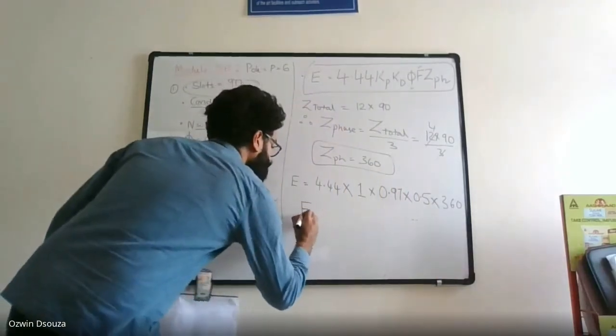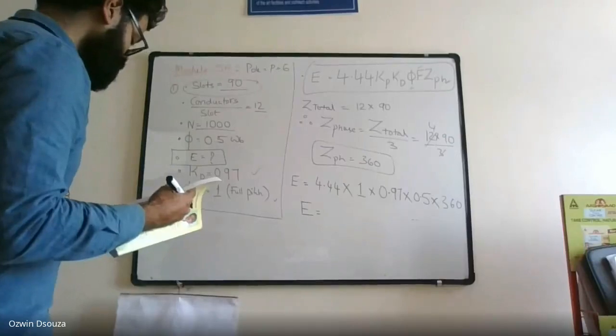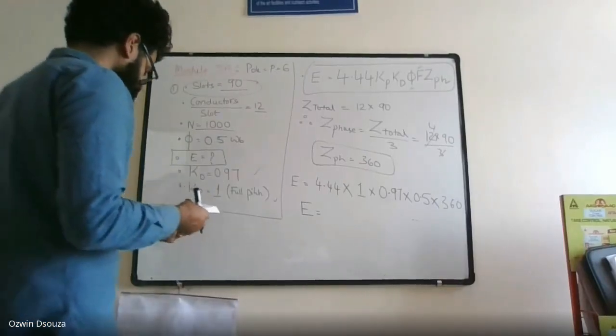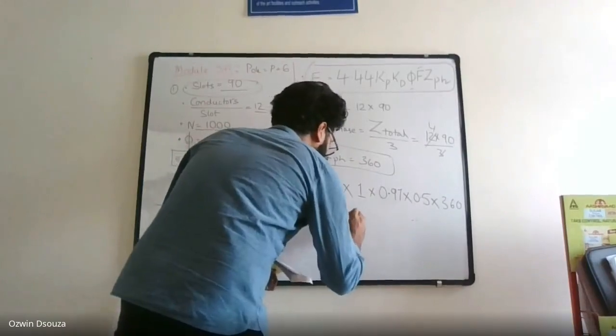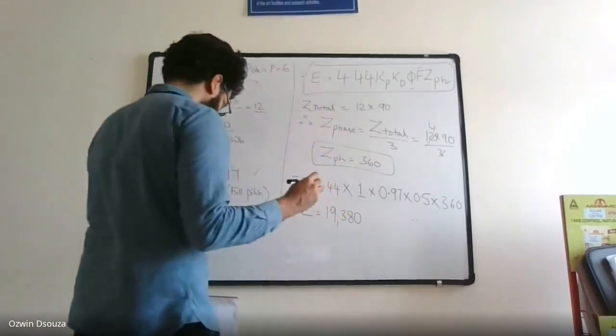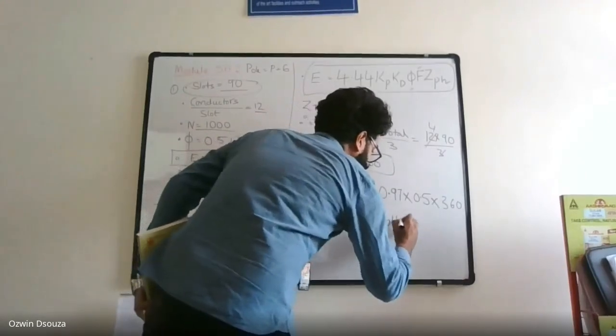So you will get E. So how much will you get? E is 19,380.6 volts.